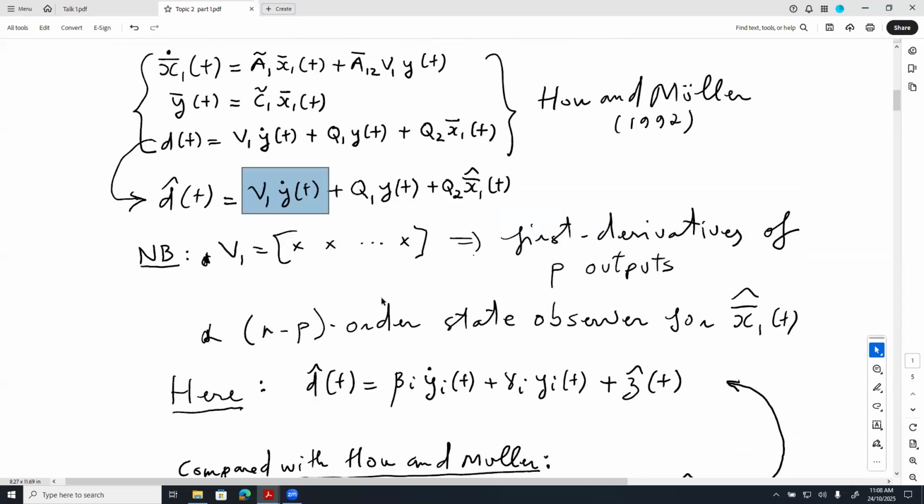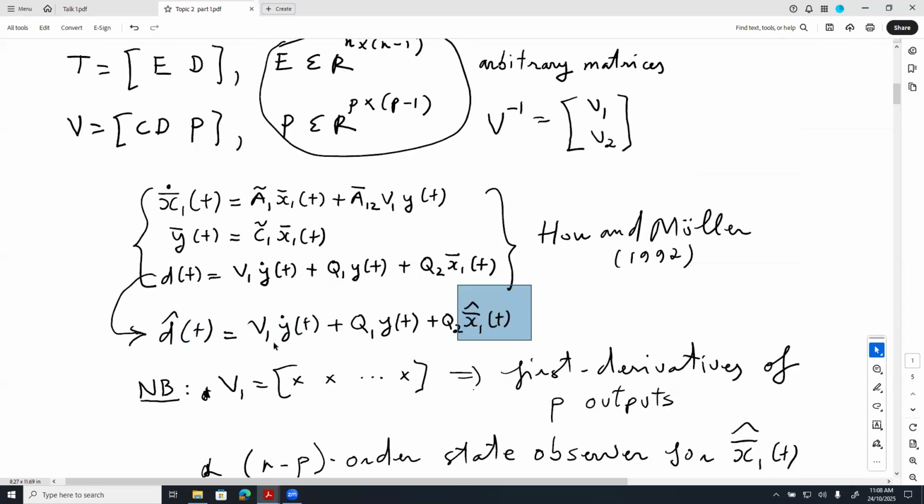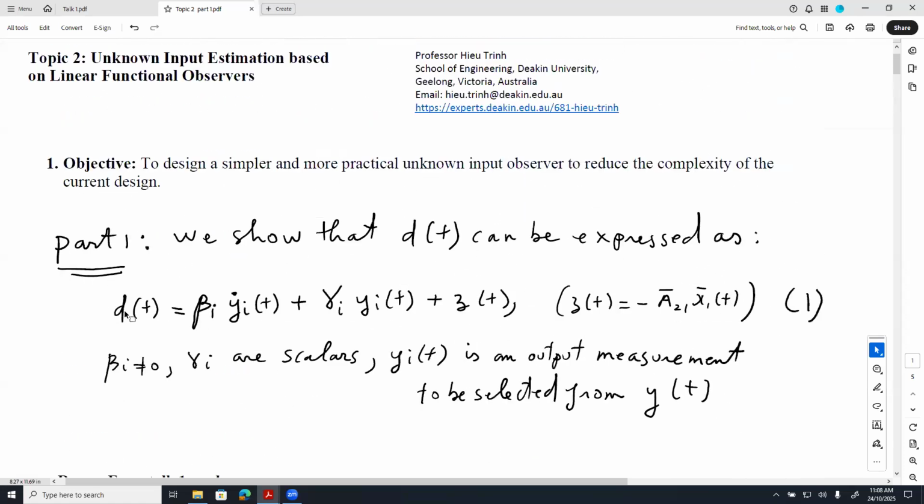The other point is that to estimate this unknown input asymptotically, Hou and Muller proposed to design a reduced order Luenberger observer to estimate the entire stack vector. Now, if we can express the unknown input in this simplest form, then clearly we only need the first derivative of only one output measurement.